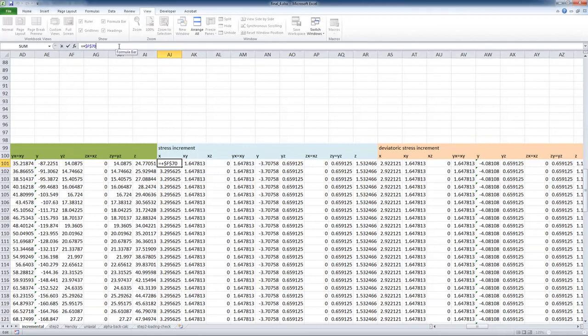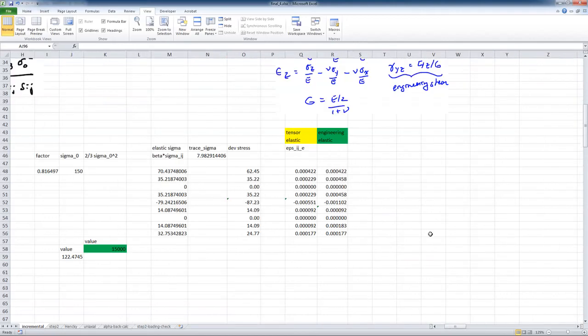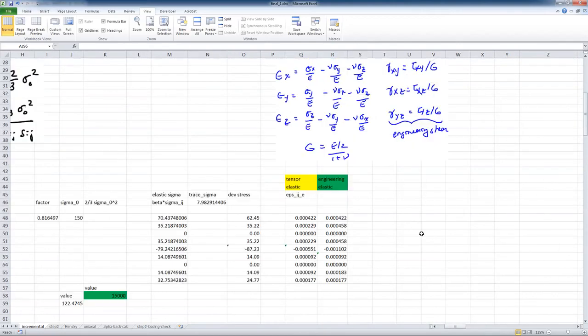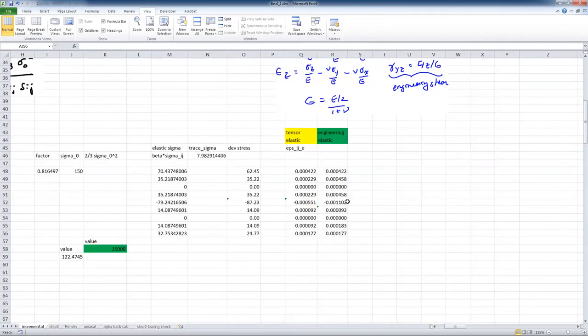What I really need to do is, these are going to be constant, so I'm going to take my increment divided by 100, and those are going to be based on my change in stress. Should be these terms right here. It's based on my change in stress divided by 100 because I'm using 100 increments.